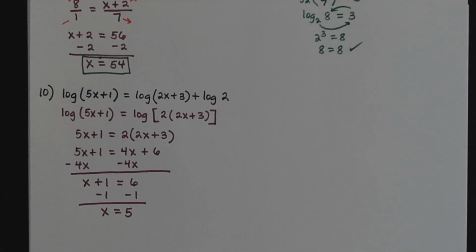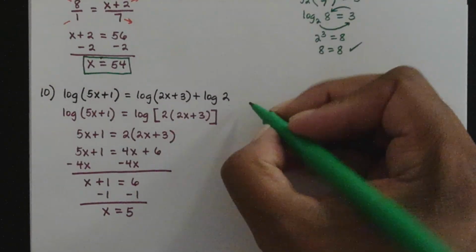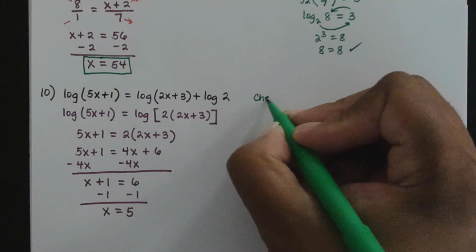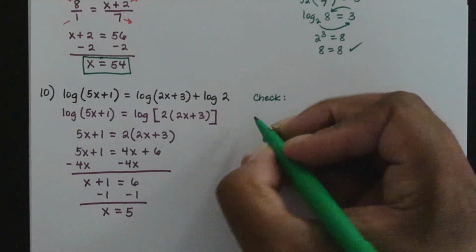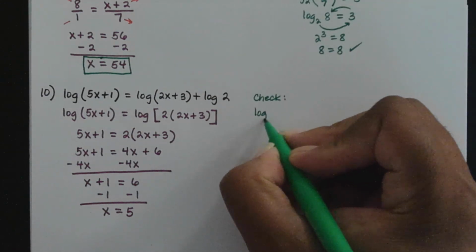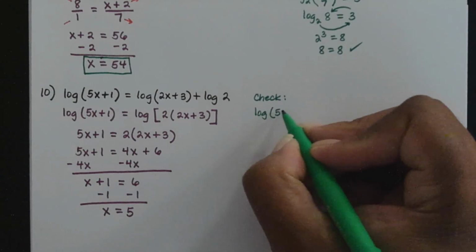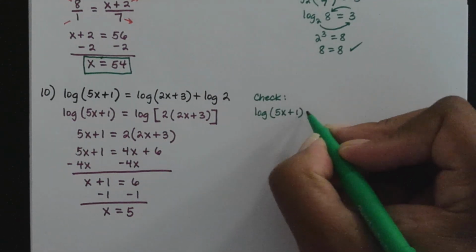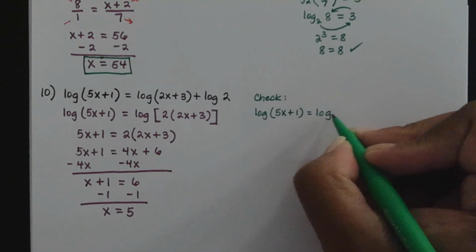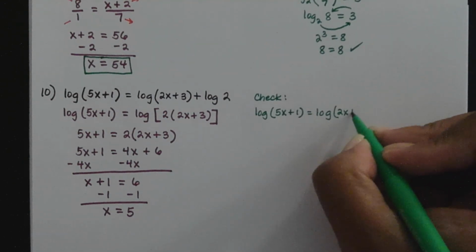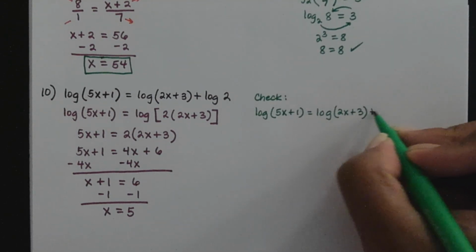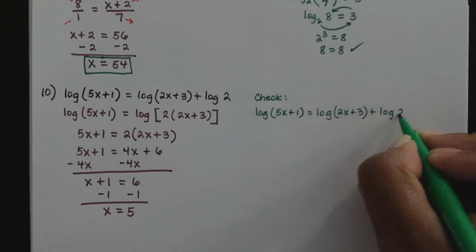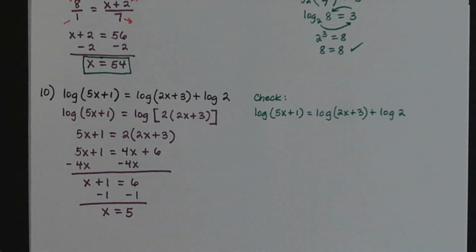Now, of course, we have to check our proposed solution. So now rewrite the original equation. Using the original equation, I'll replace every x in that equation with 5.